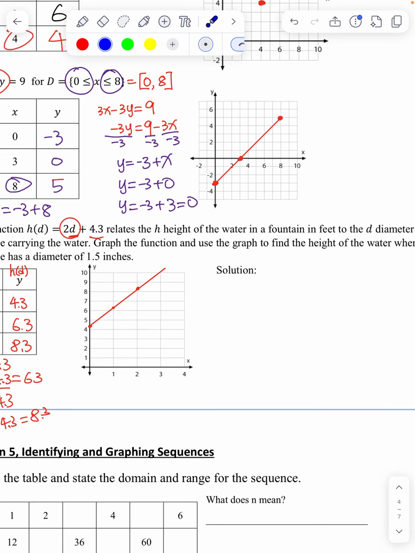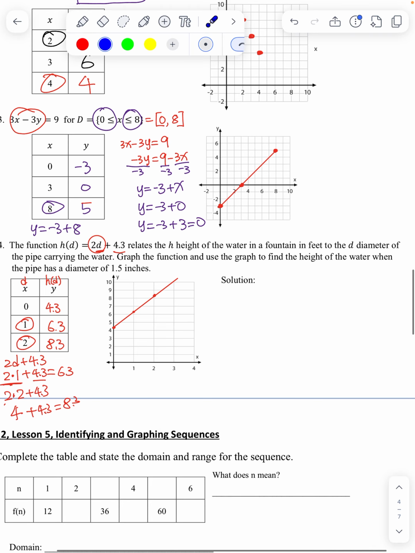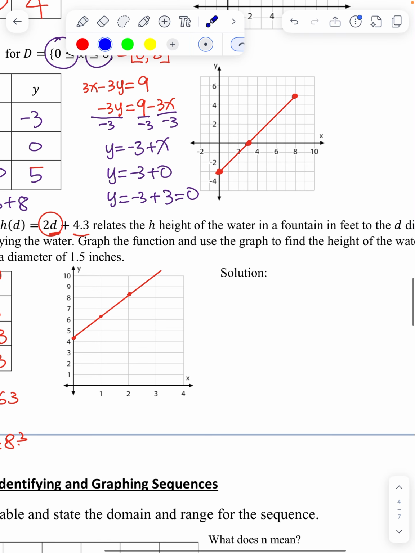Graph the function and use the graph to find the height. If we use the function, if we use the equation to find out the height, it's going to be more accurate. Using the graph may not be very accurate because we have to guess, right? So let's do this. 1.5 is right here. Go up. Let's find the y value.